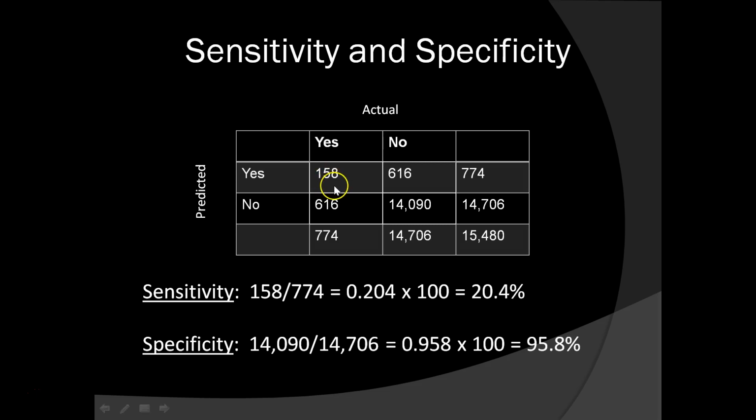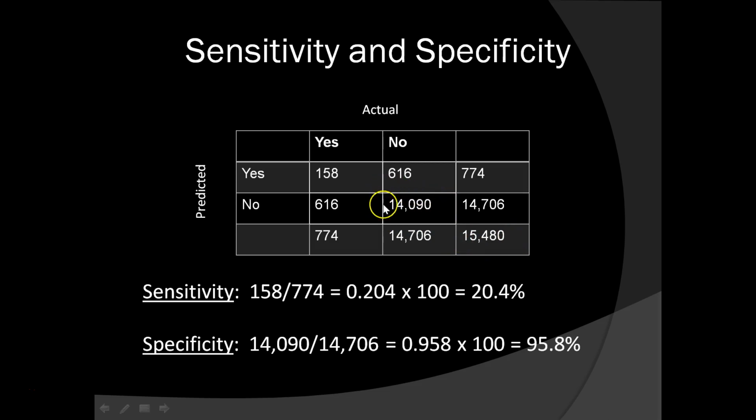So you divide 158, the number of participants who had the condition and were flagged, by the 774 who had the condition, and multiply by 100. The sensitivity of this model was 20.4%.